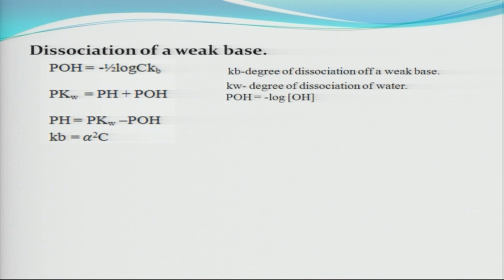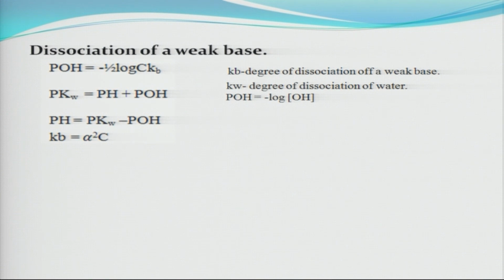One, the Arrhenius definition, where bases dissolve in water to give OH ions. Then we have bases as proton acceptors. We also have bases as lone pair donors. So we basically concentrate on the OH bit of it.